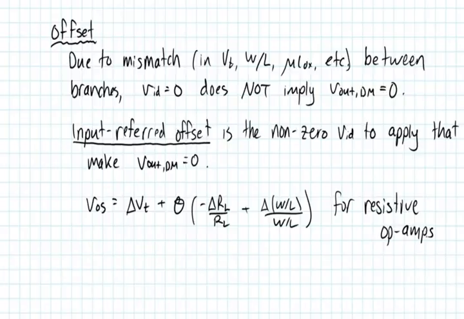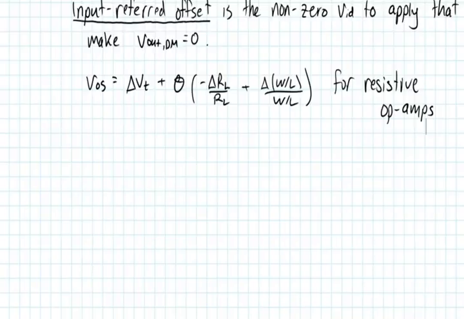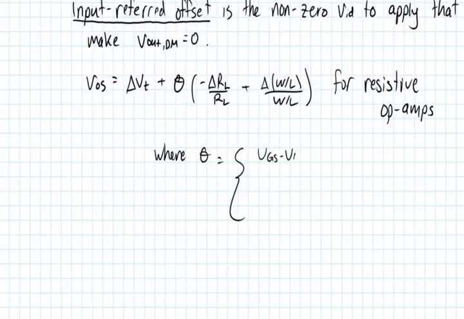Or in other words, the resistively loaded amplifiers we were looking at before. And this theta term, what's that? That's where theta is equal to one of two things, VGS minus VT over 2. You can guess that this is going to be in above threshold, or it's equal to, and you might be able to guess this one as well, n phi t in subthreshold.